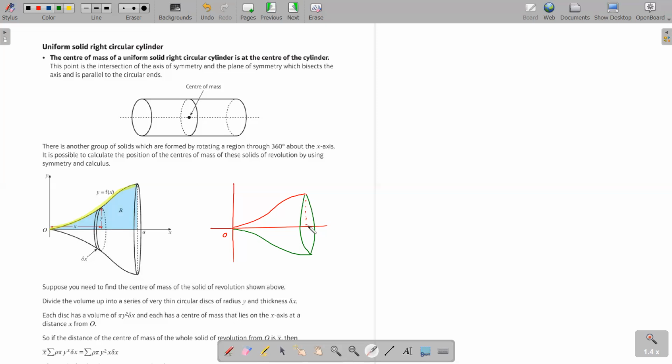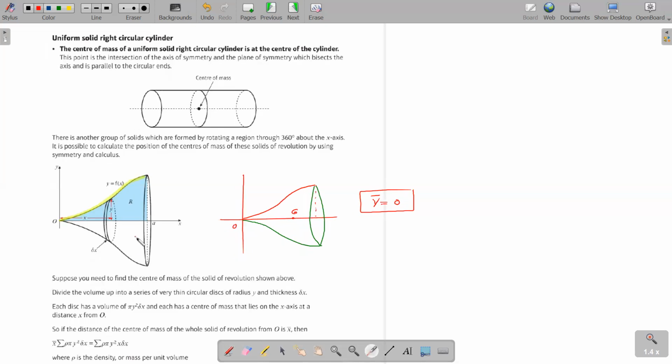Which means definitely your center of mass is going to be on the line of symmetry. So for any solid of revolution about the x-axis, y bar is going to be 0, surely, for all the objects. So y bar is going to be 0, and only x bar is going to be the problem. So you'll have to find x bar.